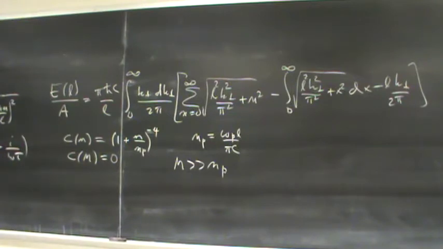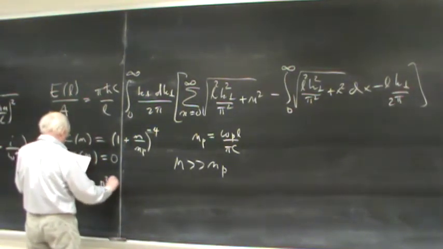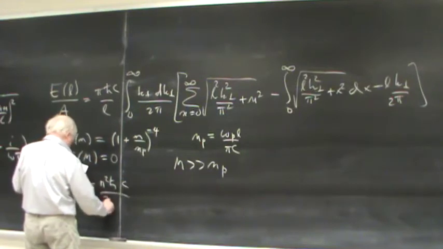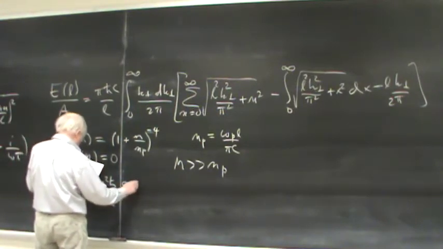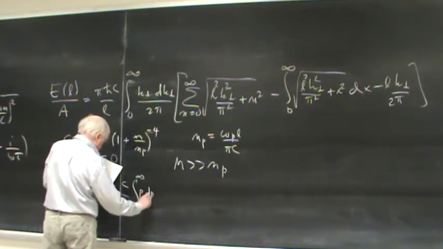Well, then if you rescale your variables, you get pi squared h bar c over 2L cubed, integral 0 to infinity p dp.